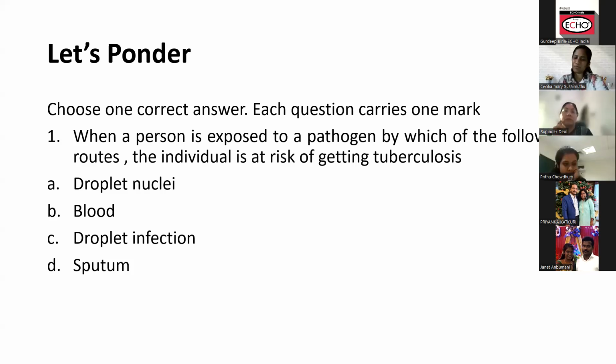When a person is exposed to a pathogen, by which of the following routes is the individual at risk of getting tuberculosis? Here, the options are droplet nuclei, blood, droplet. Is this a well-formulated question? Yes, Priyanka.